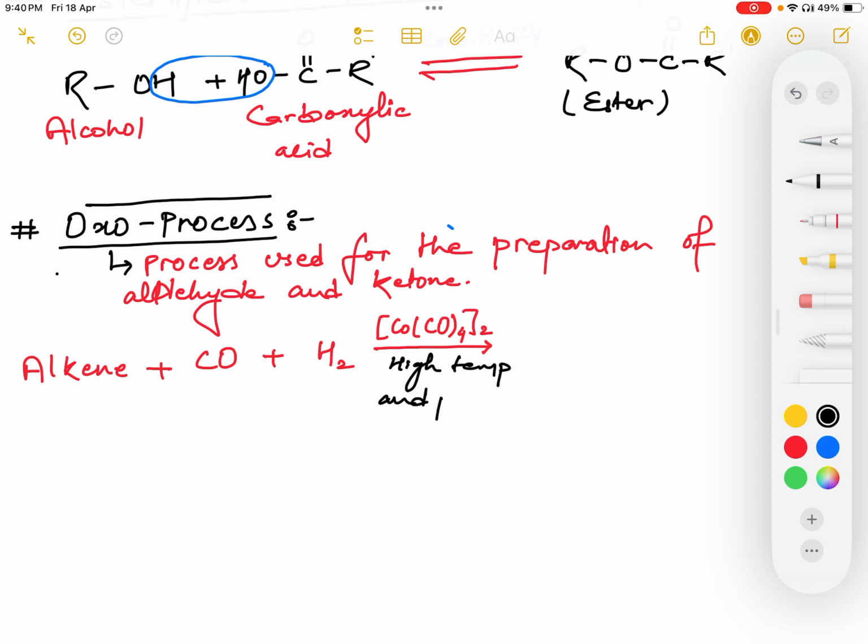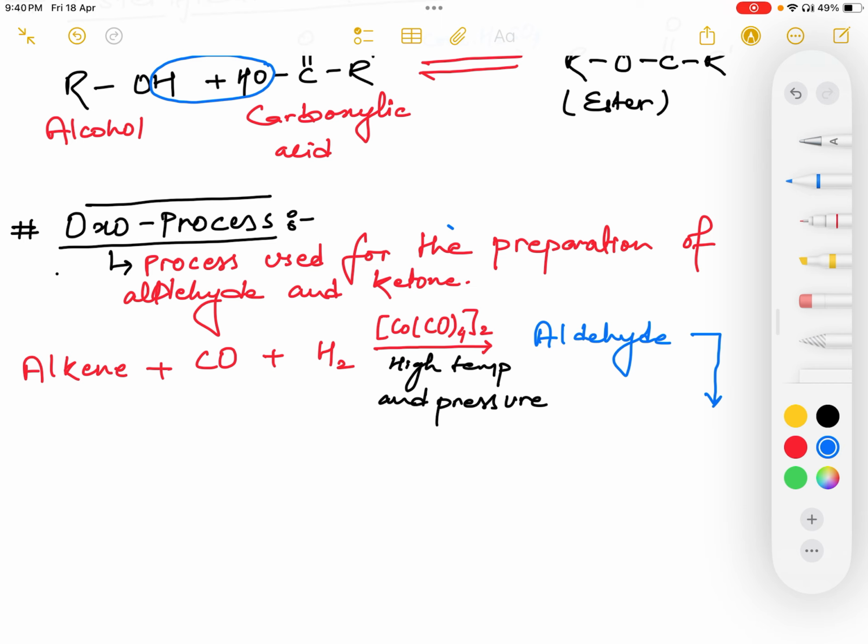High temperature and pressure will get an aldehyde, which is further being reduced.